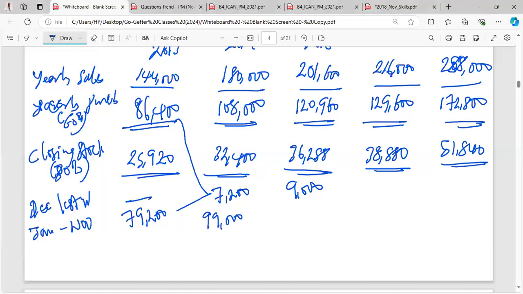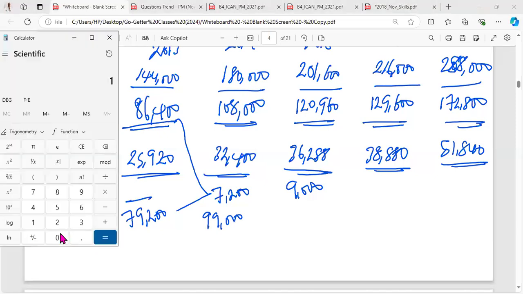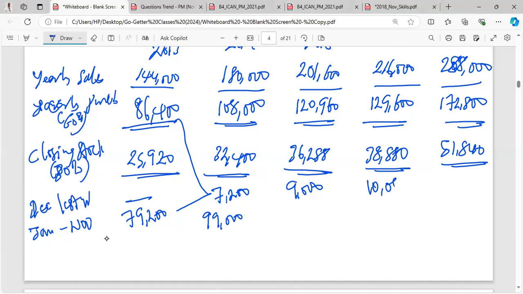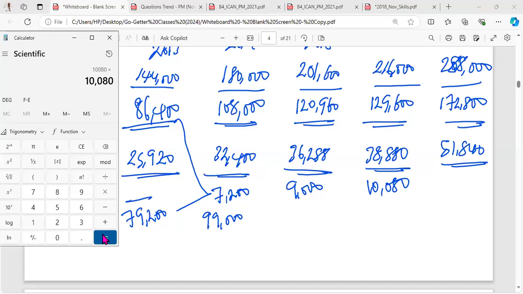So we'll do the same thing for 120,960. Just divide by 12. That will give you 10,080. Multiply that by 11. That will give me 110,880.